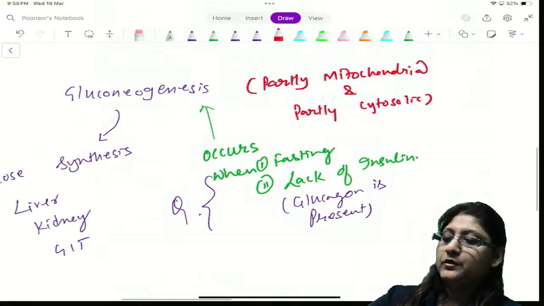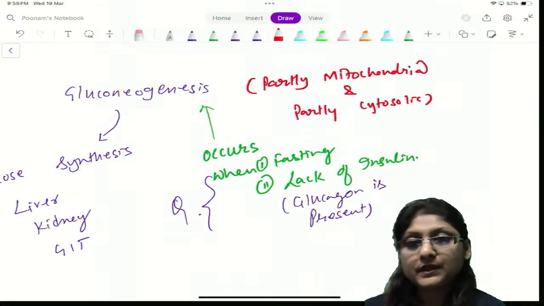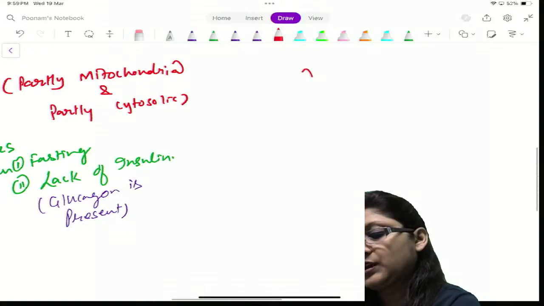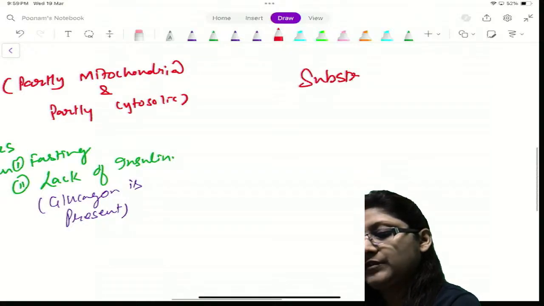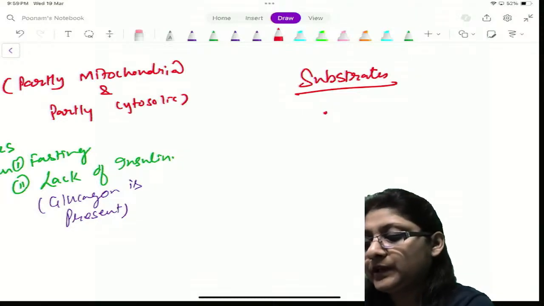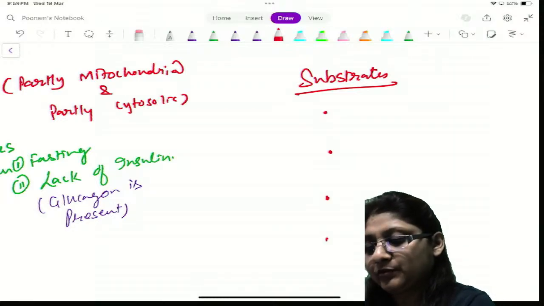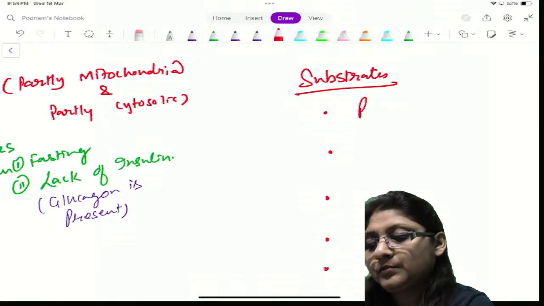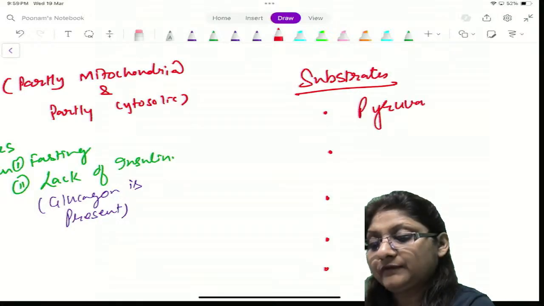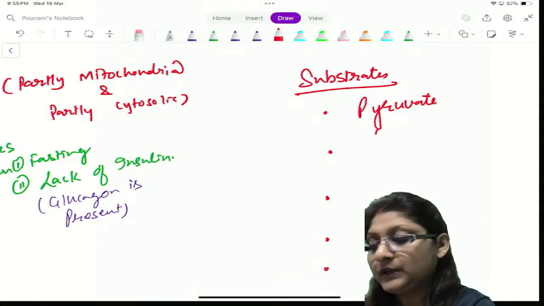So I'm going to explain how gluconeogenesis takes place from pyruvate. In fact, when we are talking about the substrates which are going to produce glucose, there are only a limited number of substrates which are capable of producing glucose by gluconeogenic reactions. First and foremost is pyruvate.